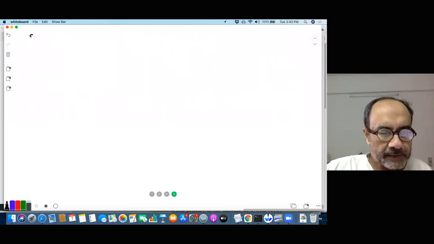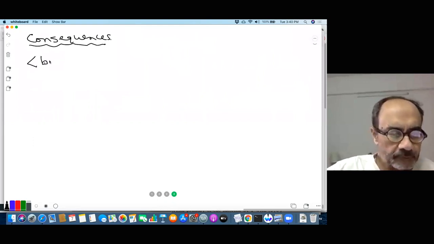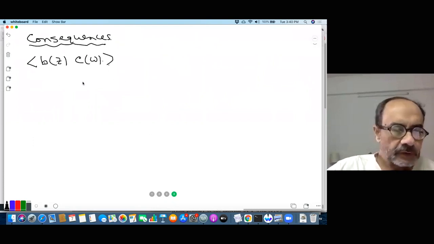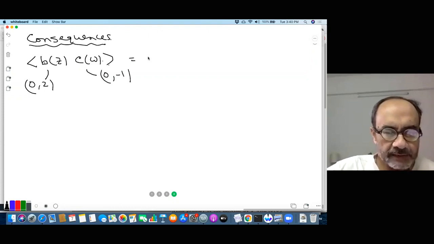So some consequences. Let's consider this correlation function. Now, if you recall, B has weight 0, 2, and this has weight 0, minus 1. So this is 0, because they have different conformal weights. So this is 0 by the identity on the 2-point function.